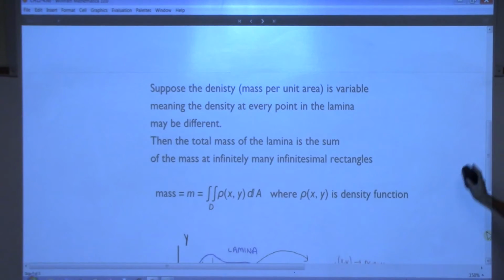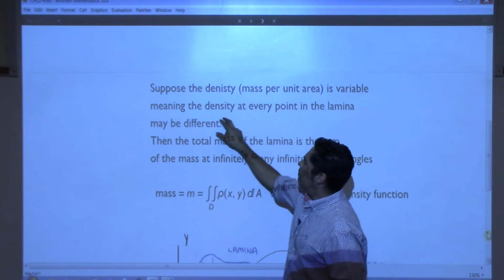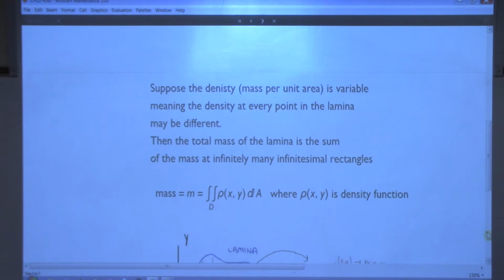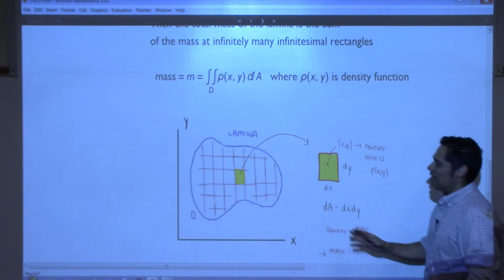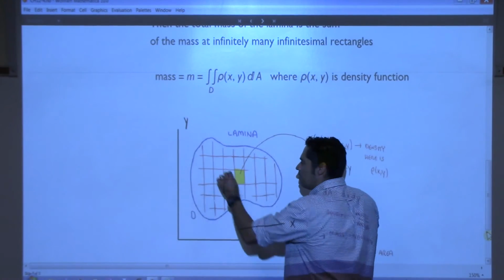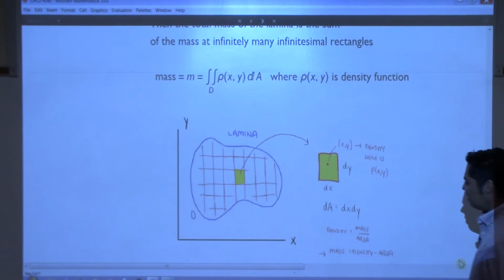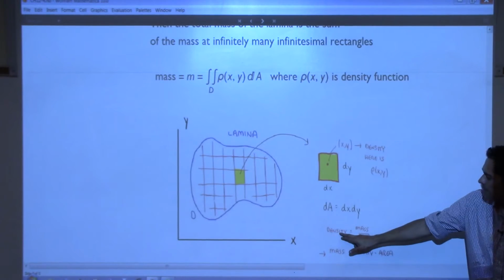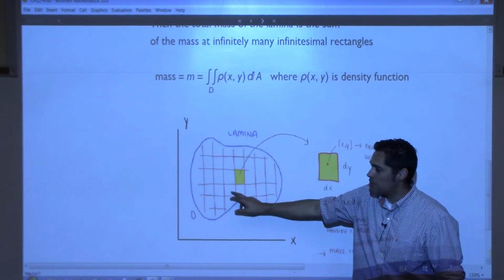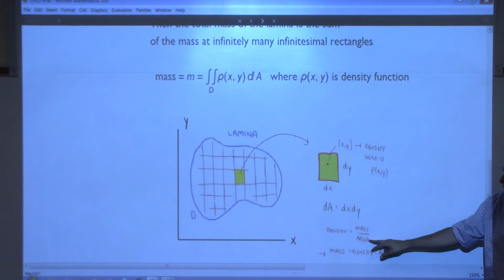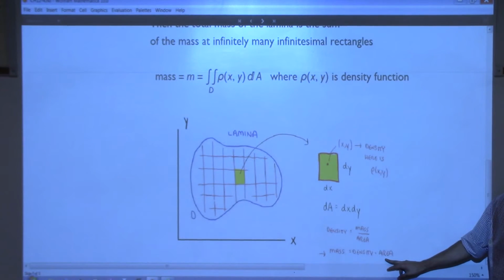So suppose the density is variable, all right? Then the total mass of the lamina is the sum of the mass at infinitely many infinitesimal rectangles. So you're basically cutting up this lamina into a bunch of little tiny rectangles, and you're finding the mass at each one. If you know the density at every point, so that has to be given to you, density being mass over area means that you can solve this for mass, and mass would be equal to density times area.